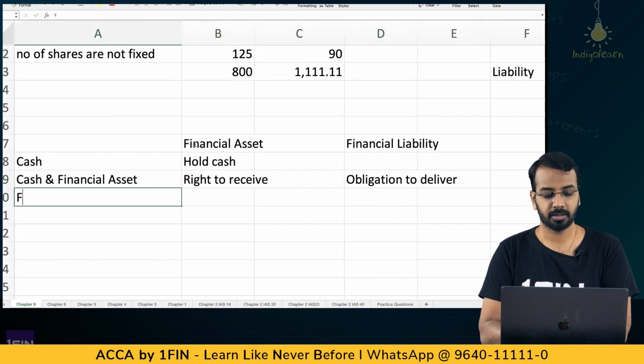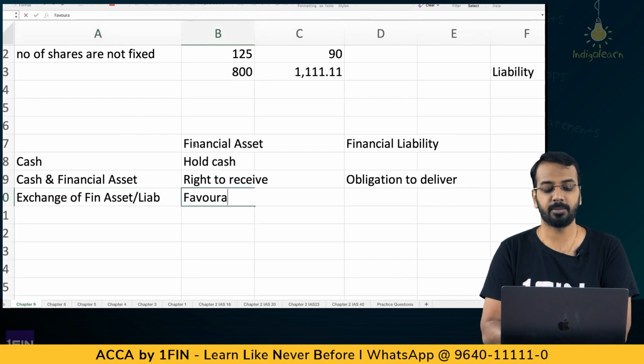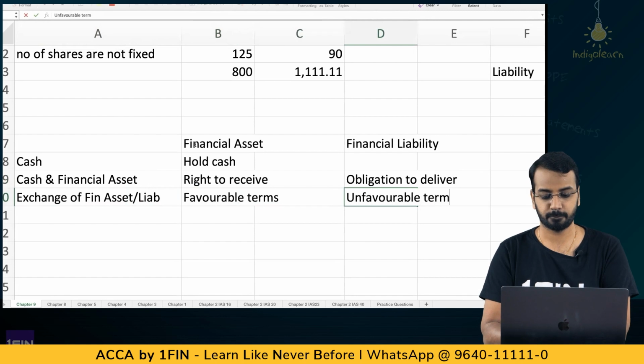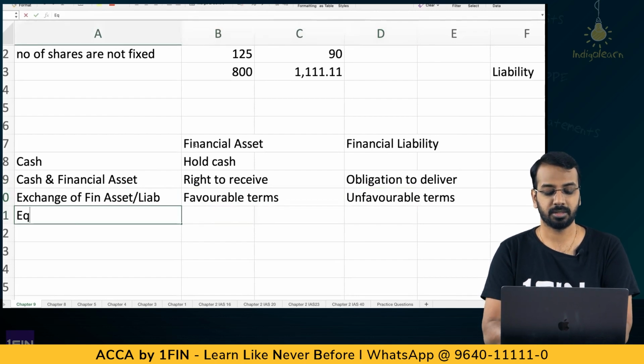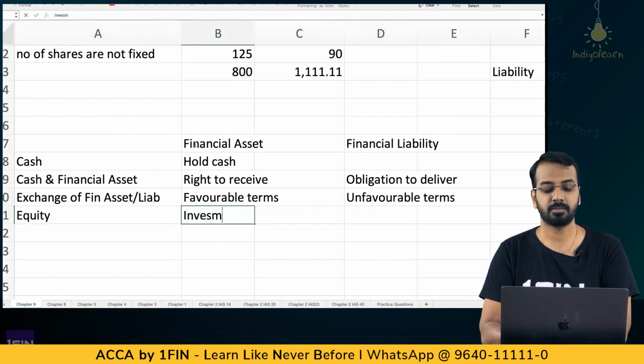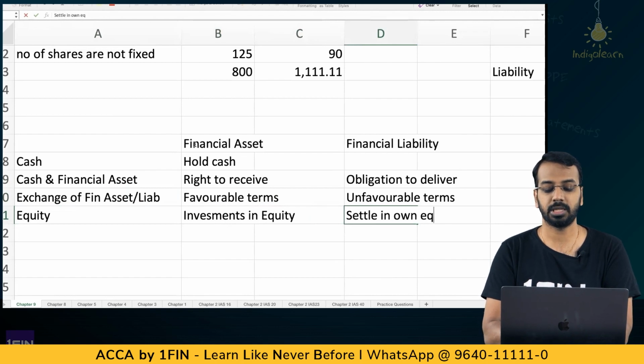Then, exchange of financial asset or liability, favorable terms, unfavorable terms. And lastly, equity investments in equity if there is an obligation to settle in own equity instrument.